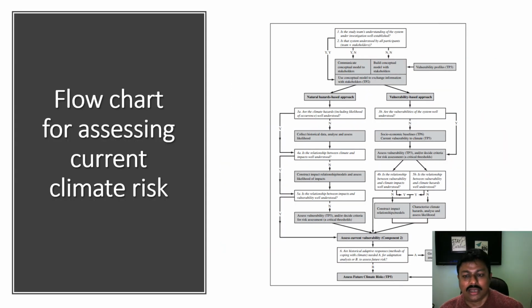Next is the basic flow chart recommended in technical paper 3. Okay, so not only technical 3, technical 2, 3, 4, like this. Actually, what happens, for risk assessment, IPCC formed a committee.